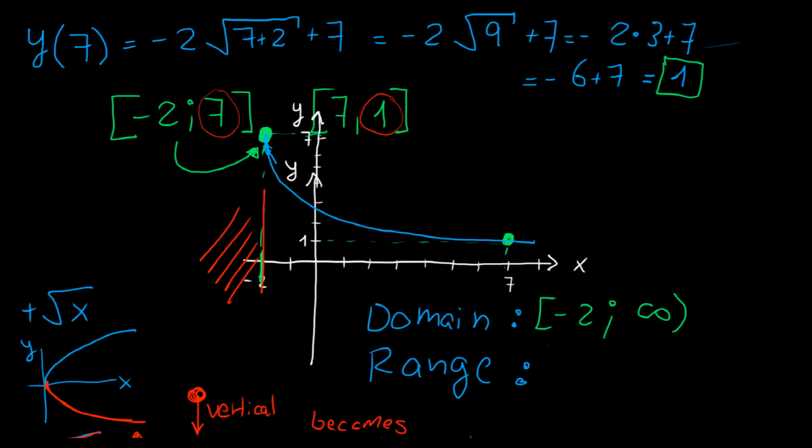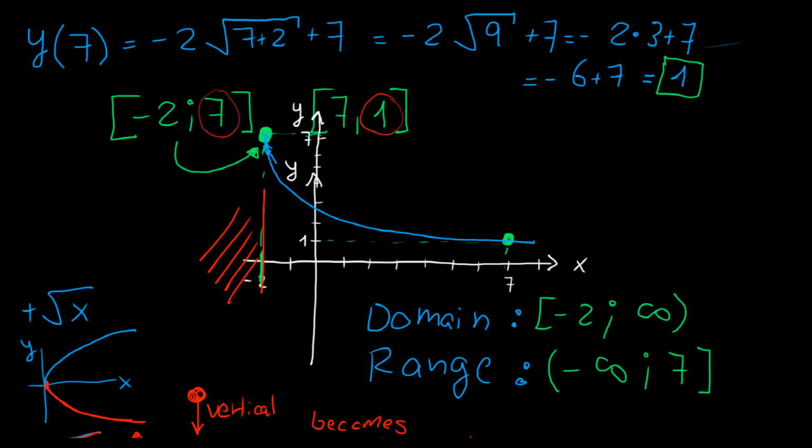The function cannot become larger than 7. So the range can go all the way from -infinity, because if you would plug in, for example, 1,000,000 for x, it would be really negative. However, it cannot get larger than 7. So this would be the range.